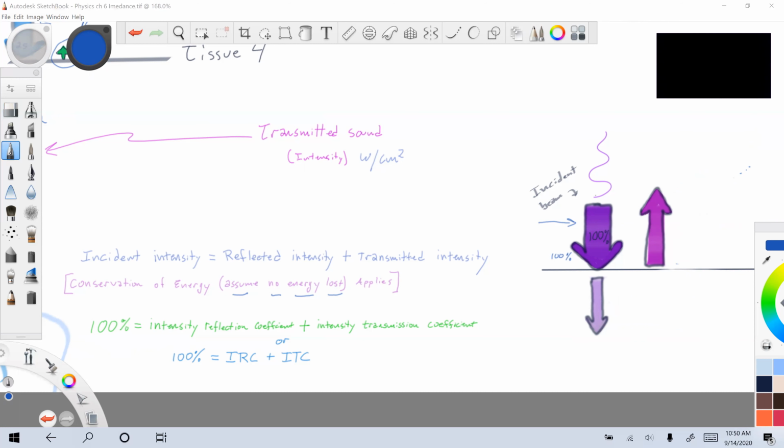A little more typical is more like reflected 1%. Only 1% is a typical interface, which means transmitted 99%.